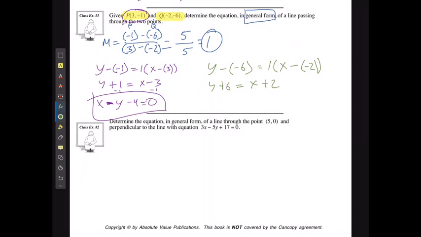X is still positive, so I'm going to move the y over, and I'm going to move the 6 over. I'm going to say that x subtract y, and then when I subtract 6 from both sides, -4 is equal to 0. Doesn't matter which point I picked, I still get the same general form. If I was going to slope-intercept form, the same would be true. I'd get the same slope-intercept form in both cases.